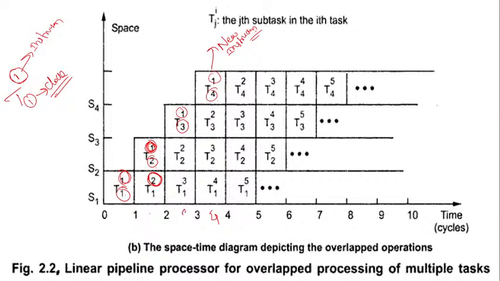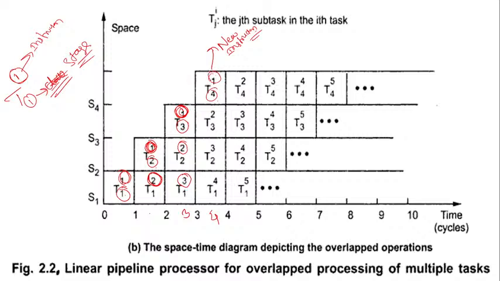In the third clock pulse, the first instruction is in the third stage, the second instruction in the second stage, and the third instruction in the first stage. So this shows which instruction is in which stage.